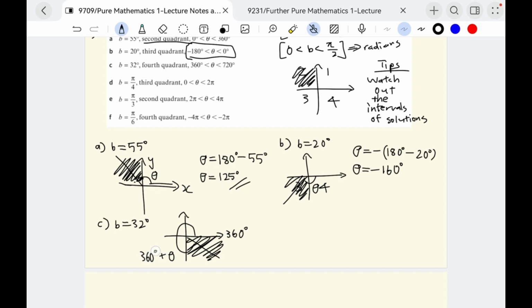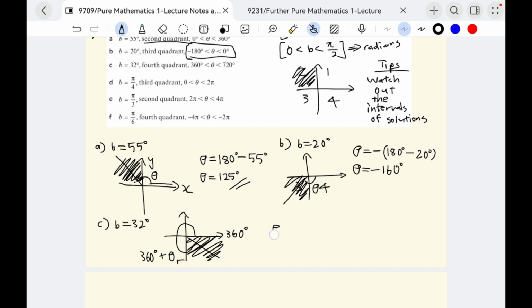Because the angle has rotated one complete cycle first.